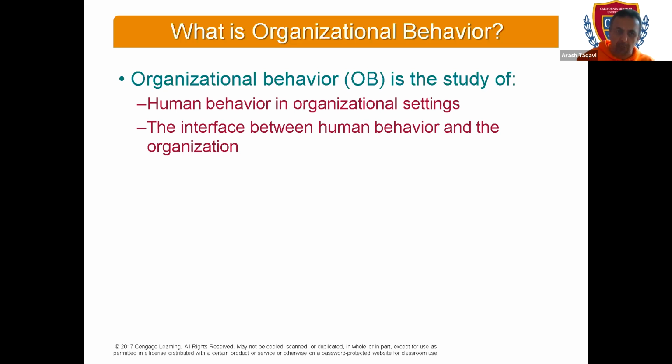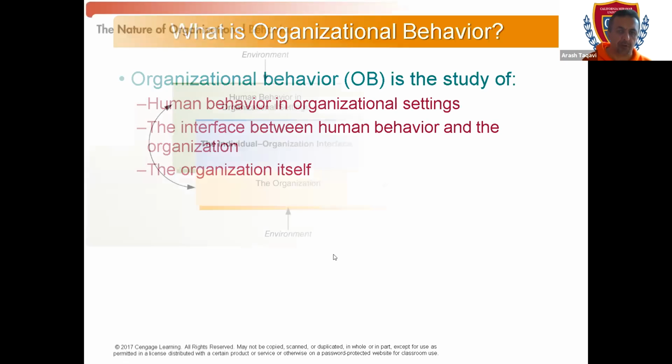Secondly, the interface or sometimes interaction between the organization as a whole being and individuals as components of the organization. So we have three parts: human being, organization, and interaction or interface. Study of human beings, study of organization, and a study of the interaction between human beings and organization. It is OB, organizational behavior.